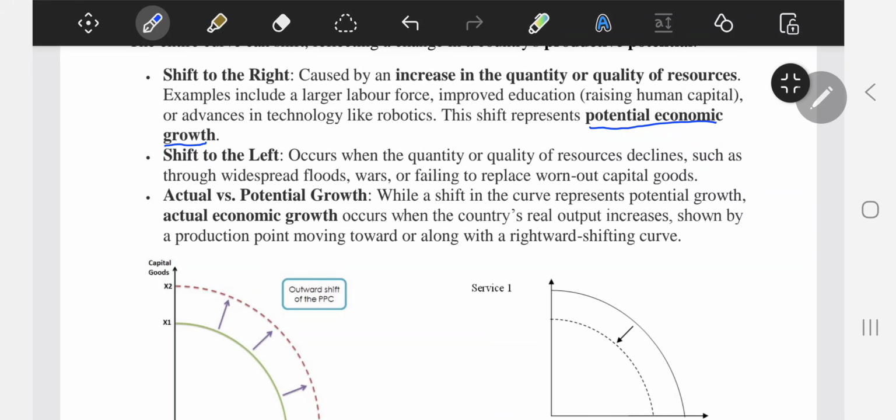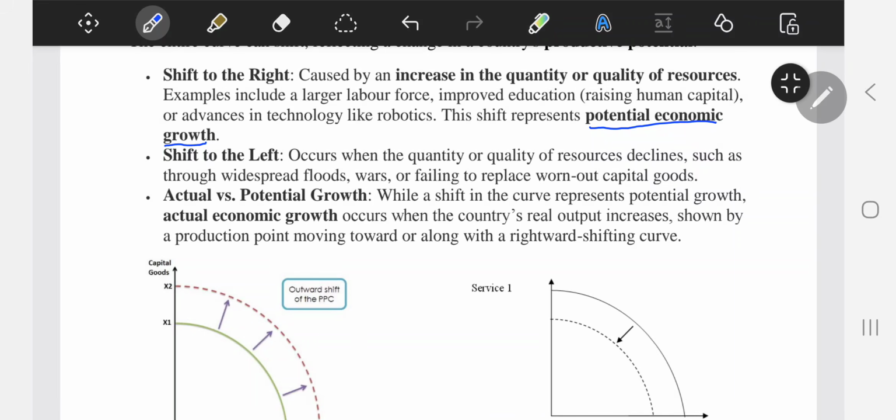And of course, a shift to the left of the PPC would be because maybe of a reduction in capital. This can be caused by a disaster, maybe depreciation of capital, unreplaced capital, depletion of resources, a reduction in labor supply, and things like that.